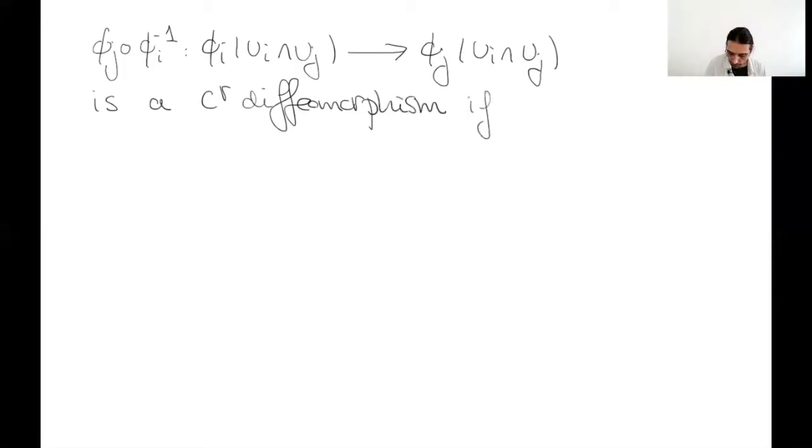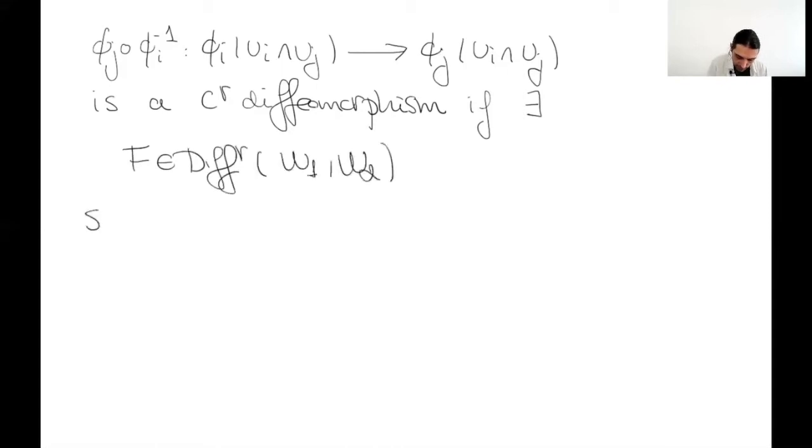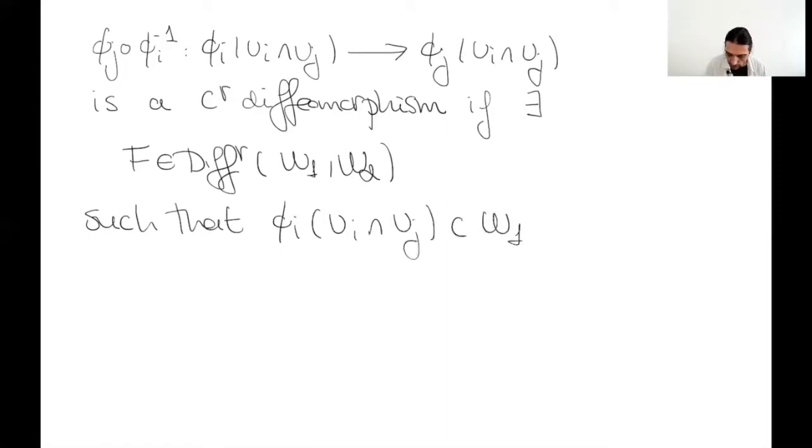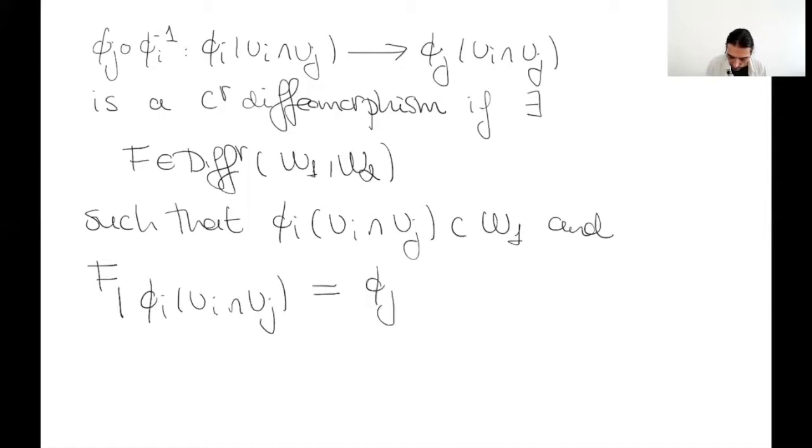If there exists a map, a C^r diffeomorphism, such that the domain of our coordinate change is contained in W1 and the restriction of F to that domain is indeed our coordinate change.